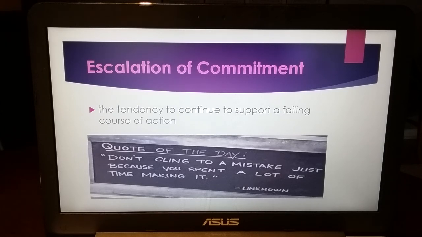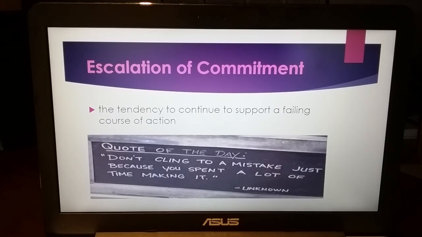So let's say that you really think that you should locate your new business in XYZ town, and you've spent time, you've talked to architects, you've got plans drawn up. Then as time goes on, maybe about a year or so into it, you realize maybe it's not such a good idea because that highway that you thought was going to be going through the town isn't going through the town anymore, and there's some political unrest in the area.